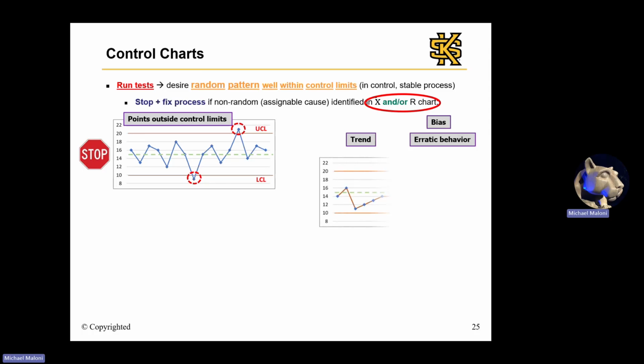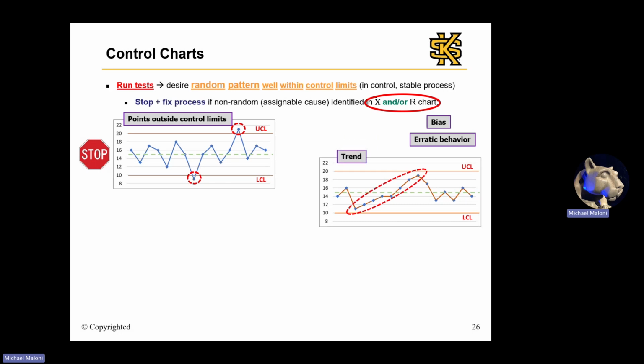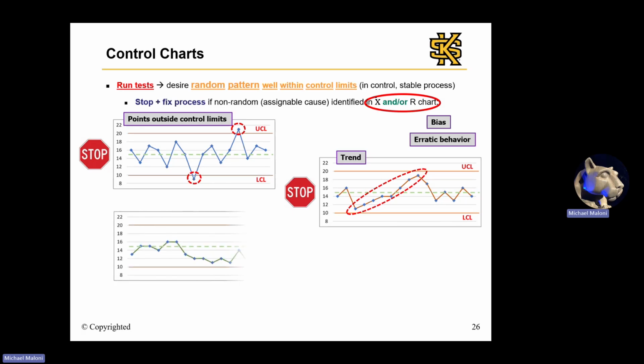And then we also saw the idea of a trend, 5+ consecutive points moving up or moving down. That's also a sign of non-randomness. And then bias, 5+ consecutive points below or above the center line. That would also be a sign of non-randomness.